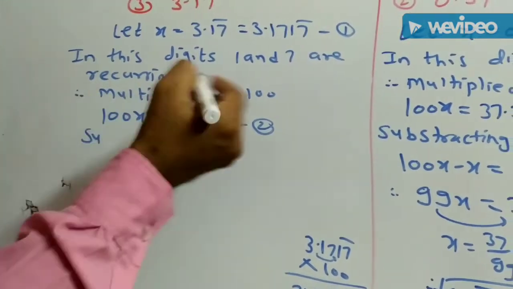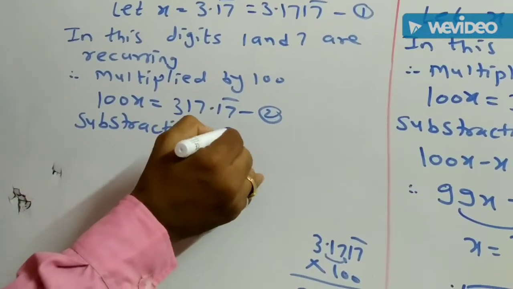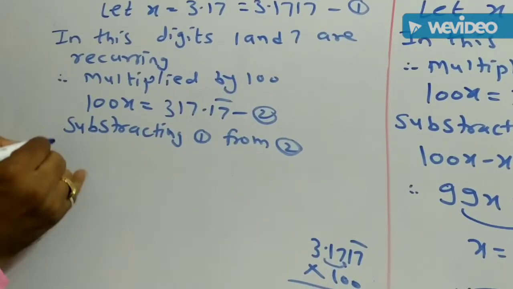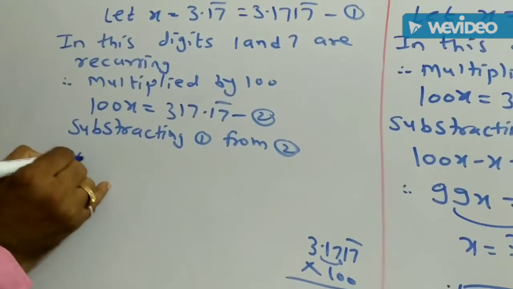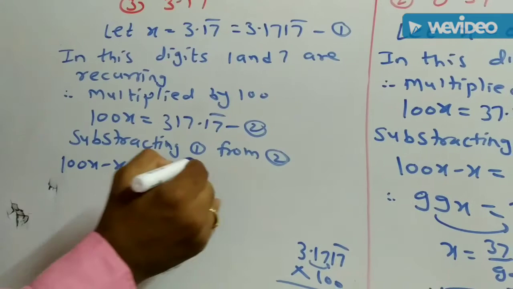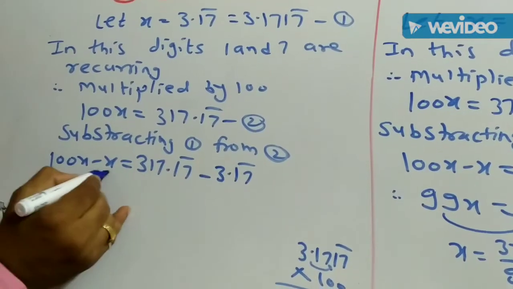Again same procedure. All examples are same. Subtracting equation 1 from 2, we get 100x minus x is equal to 317.17 bar minus 3.17 bar. 100x minus x, that is 99x.